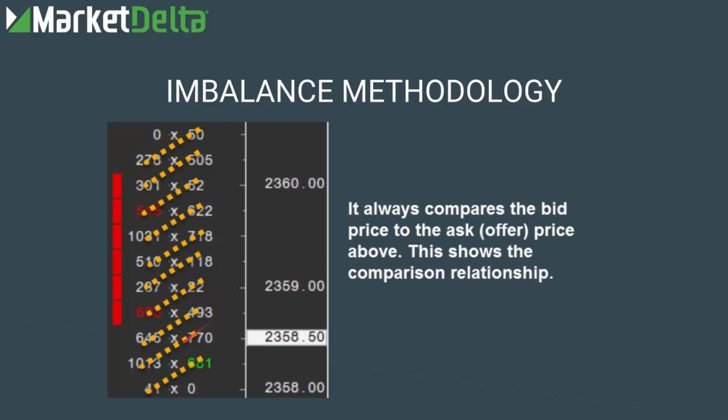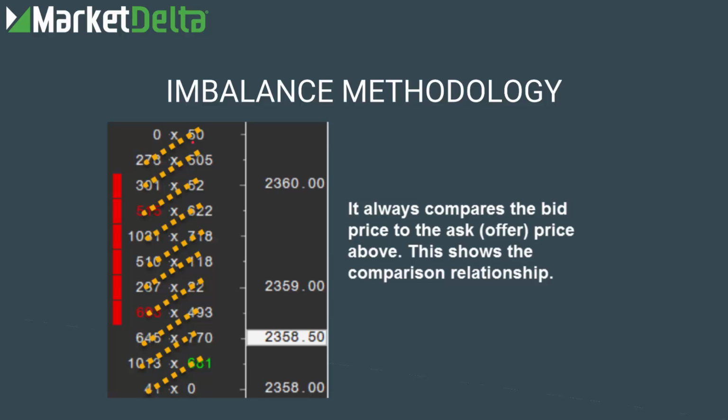Don't worry about the numbers that are behind here. Just focus on this orange colored dotted line. That's the relationship. So the imbalance methodology is always doing a comparison between this value here against this value here, and it's looking for the imbalance.